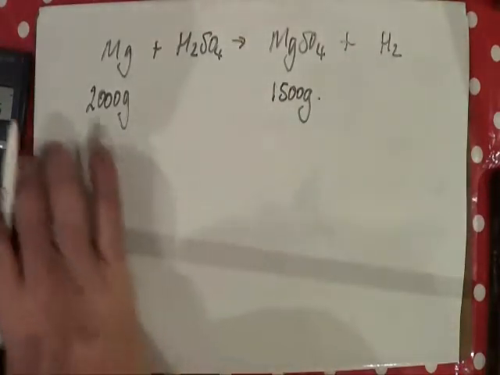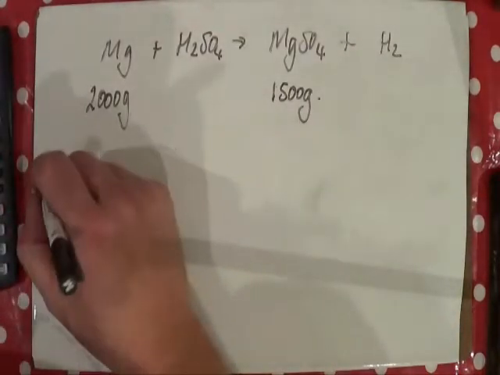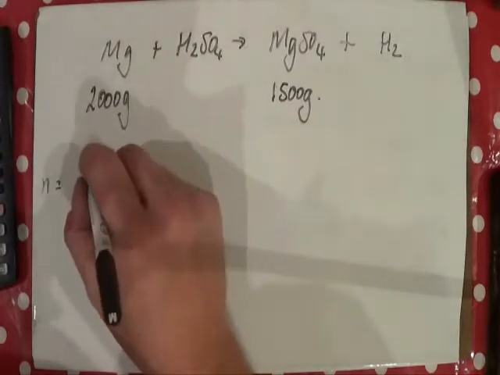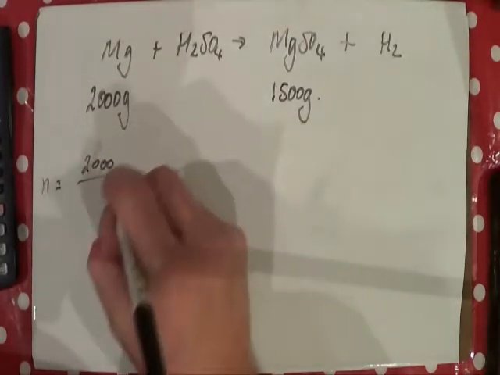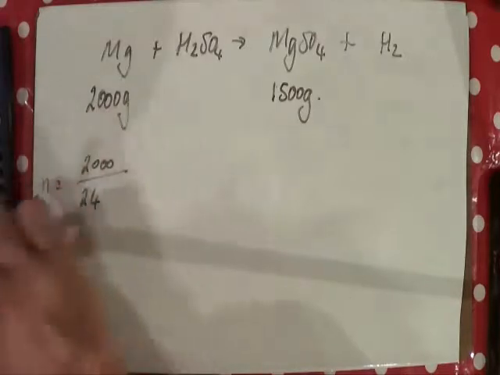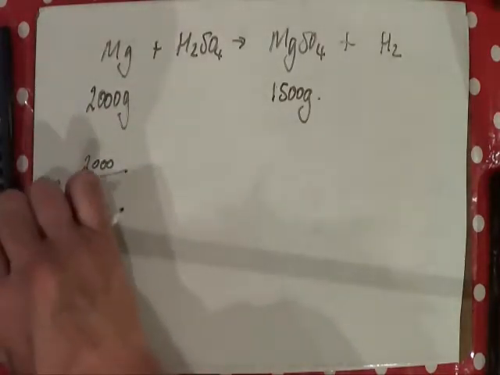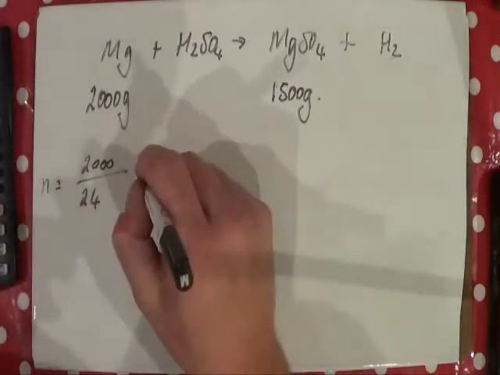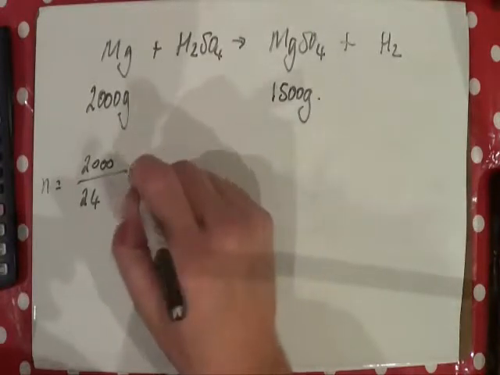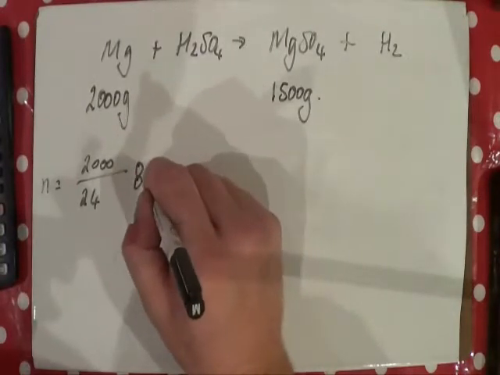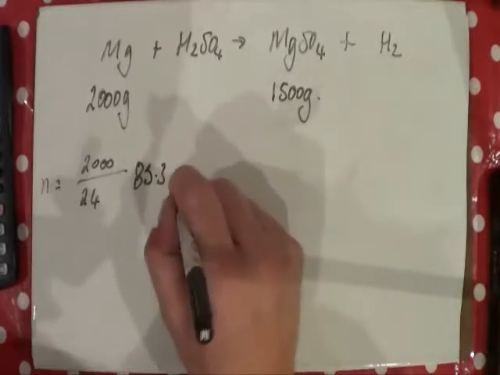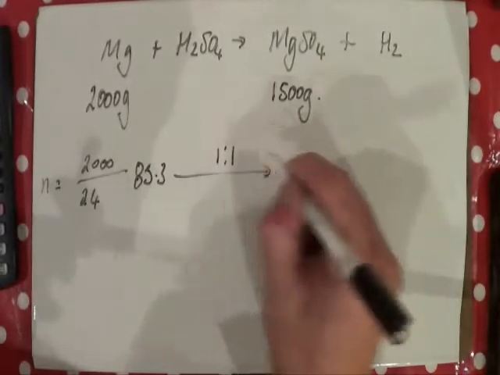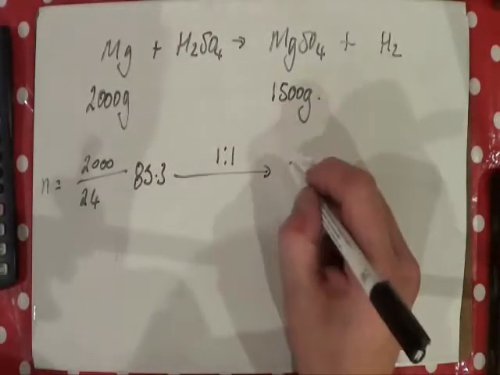So again we'll work out our percentage yield. Number of moles equals mass over RFM, so 2,000 over 24, since magnesium is 24, gives us 83.3 moles. The ratio is 1 to 1, so it's 83.3.